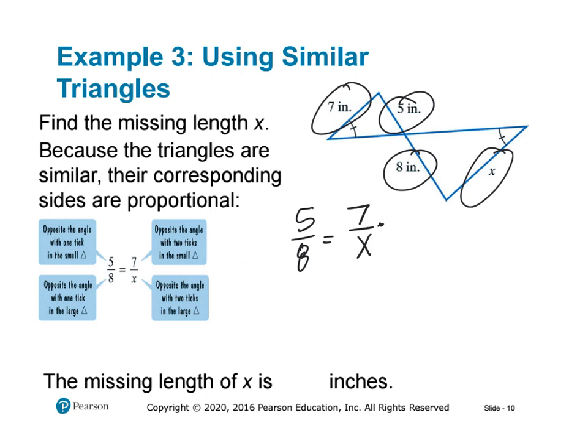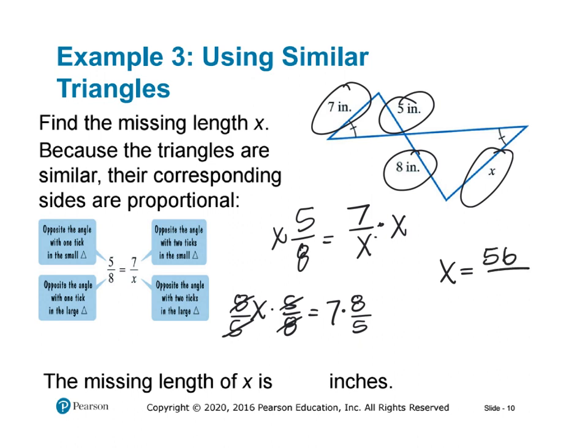So we're going to multiply each side by x. So we have x times 5 over 8 equals 7. Then we can multiply by the reciprocal to get rid of our fraction. So we have x equals 7 times 8, which is 56 over 5.